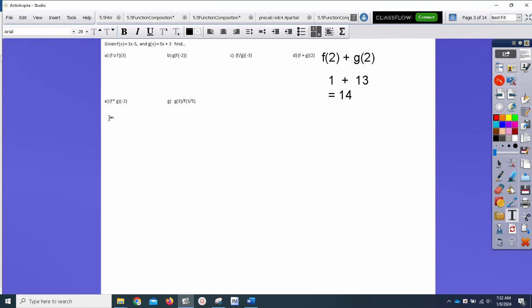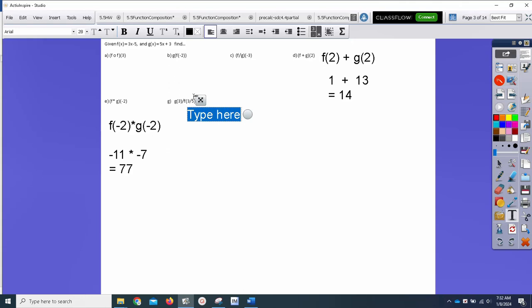E is f times g of negative 2, which would be f of negative 2 times g of negative 2. f of negative 2 is going to be negative 6 minus 5, which is negative 11, times g of negative 2, which looks like negative 7 to me, because 5 times a negative 2 is negative 10, add 3 there, and it would be 77.